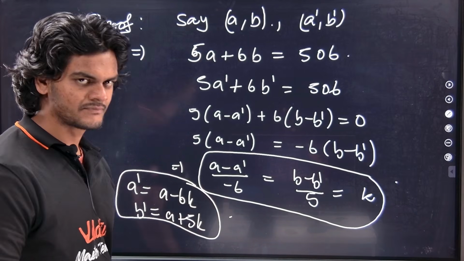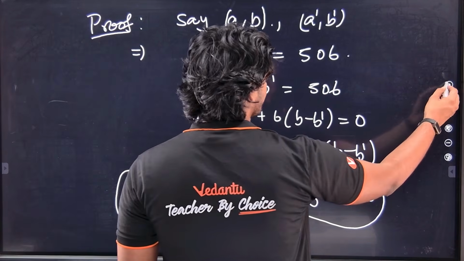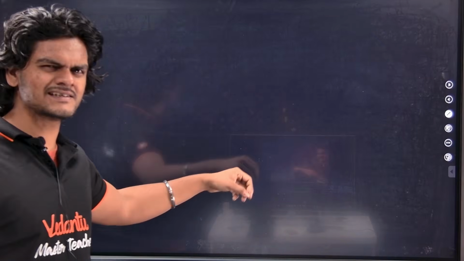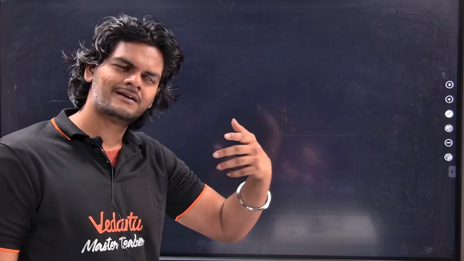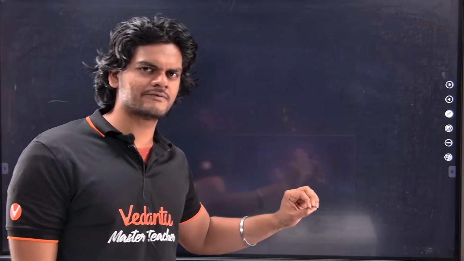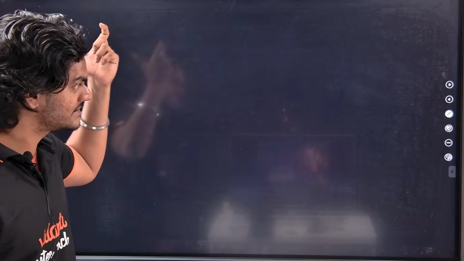Understood? So it is that simple, and this we already did, but in exams, is it important to write this? It is, since it is a small thing and you get a lot of time. If you have a lot of time, you can write it down. Otherwise, you can generalize it and write the generalized form very clearly. All right.